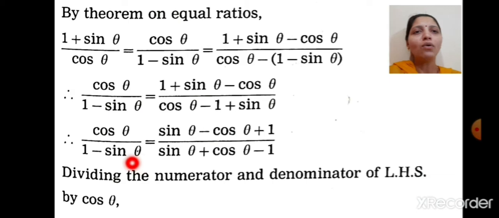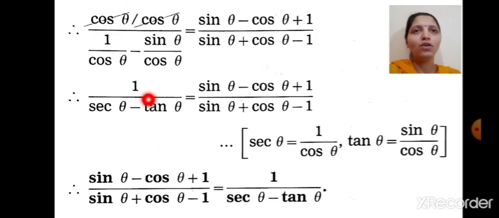Okay, now dividing the numerator and denominator of LHS by cos theta. Therefore cos theta upon cos theta becomes 1, upon 1 upon cos theta minus sin theta upon cos theta. Now we are dividing by cos theta only on LHS, so your RHS will be same.